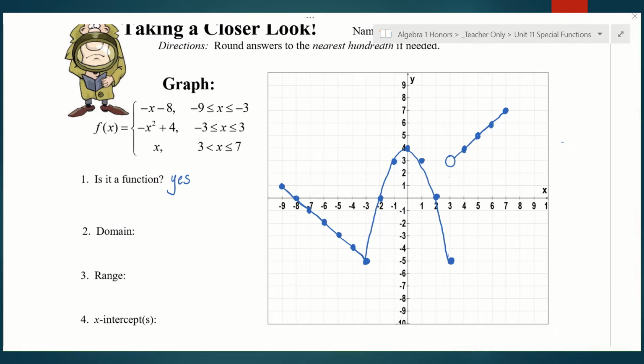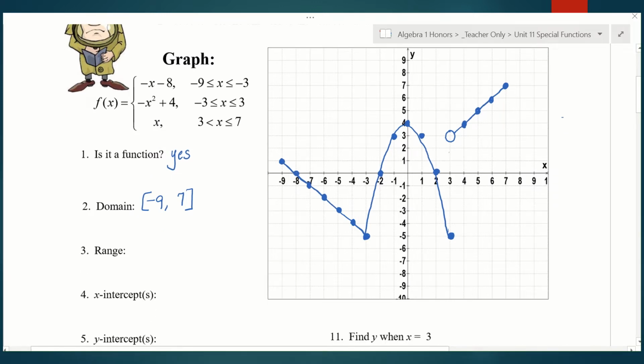What's the domain of this function? So the furthest left and the furthest right our function goes. Well, the furthest left it goes is -9, and it included it because it was a closed circle, so I'm using a bracket. And if I continue on, there are no gaps, so I don't have to worry about that. And the furthest to the right it goes is 7, again, including it because it has a point there.